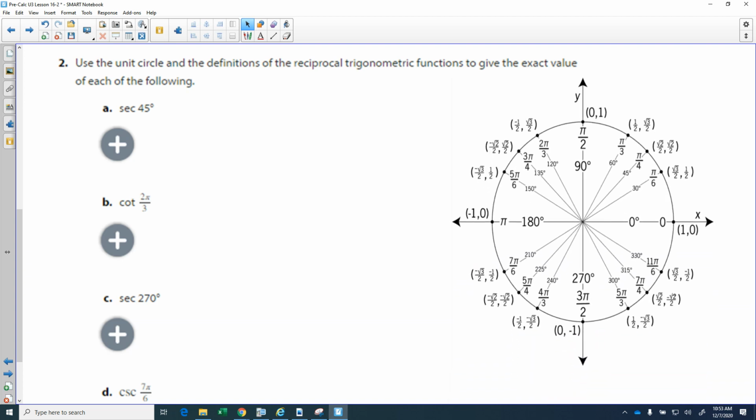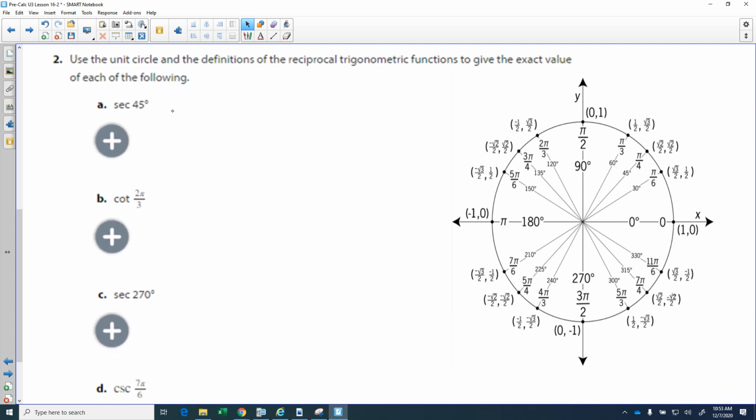All we have to do is understand what the reciprocal version is. Secant is the reciprocal of cosine. So if cosine is x over the radius, secant is going to be the radius over x.